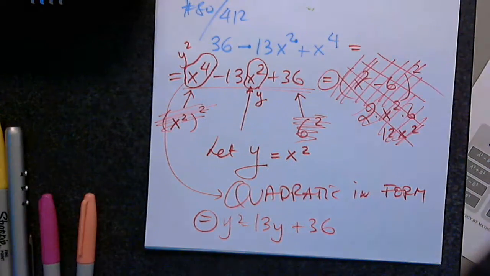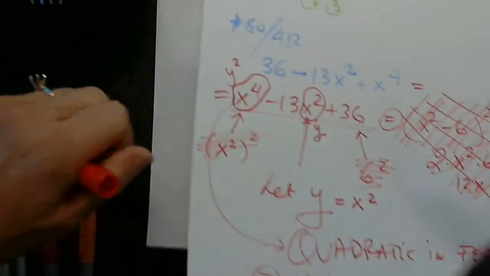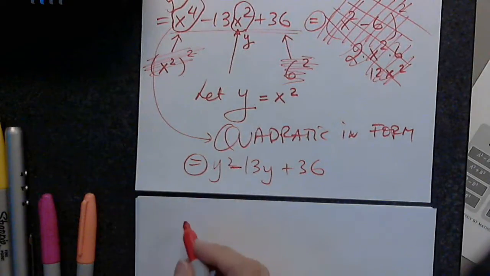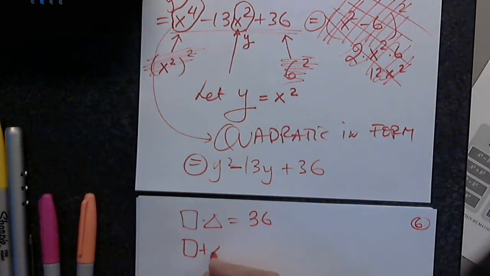Why would I want to do this? I want to change the variable. I want to use the substitution because this, I know how to factor. This, degree 4, not really. So, how do I factor y squared minus 13y plus 36? I know it's not a special product, so I'm trying to find two numbers whose product is 36 and whose sum is negative 13.